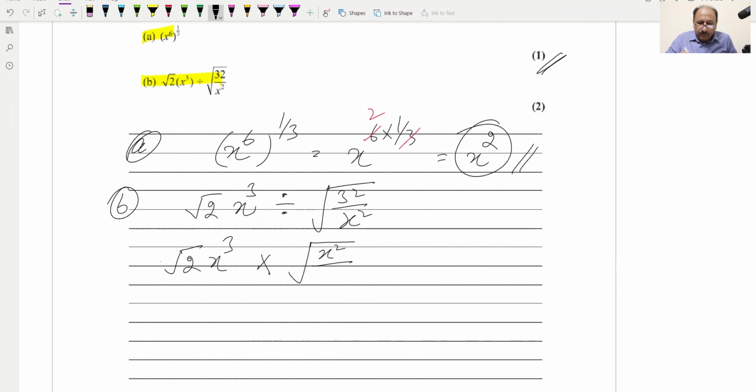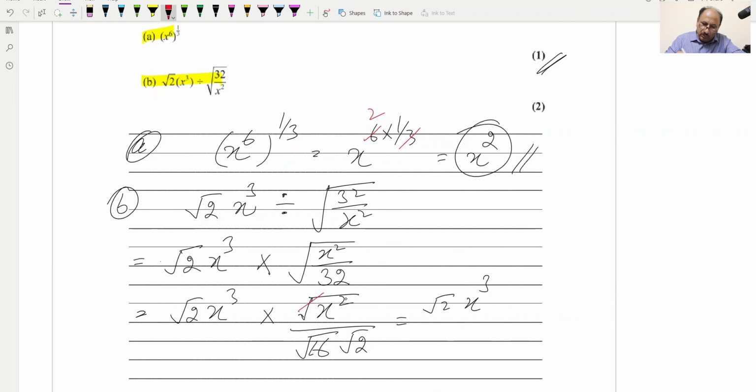This will be x squared under root over 16 under root into 2 under root, and further we can rewrite it as under root 2 x cubed.